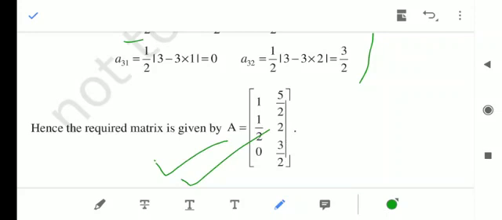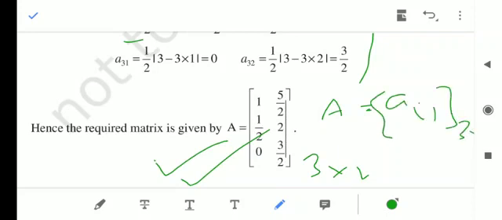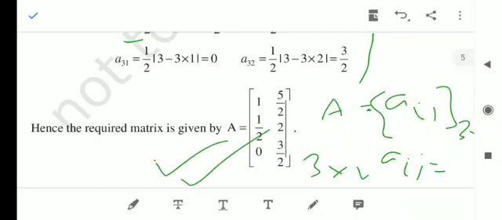So the desired matrix A, whose order is 3 by 2, with Aij described as 1 by 2 modulus of (i minus 3j). This is the way of finding the matrix.